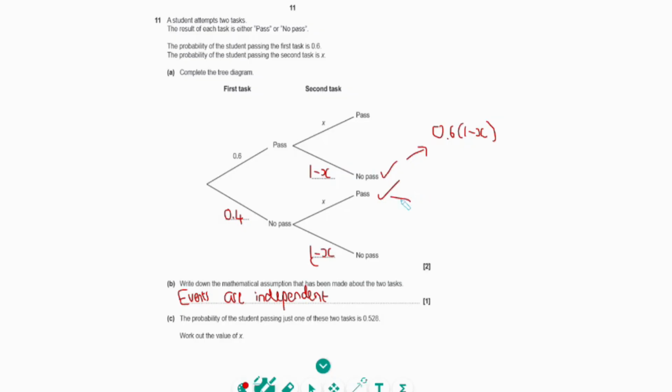And this probability here is 0.4 times x, which is 0.4x. So we know if we add those together, we get 0.528.